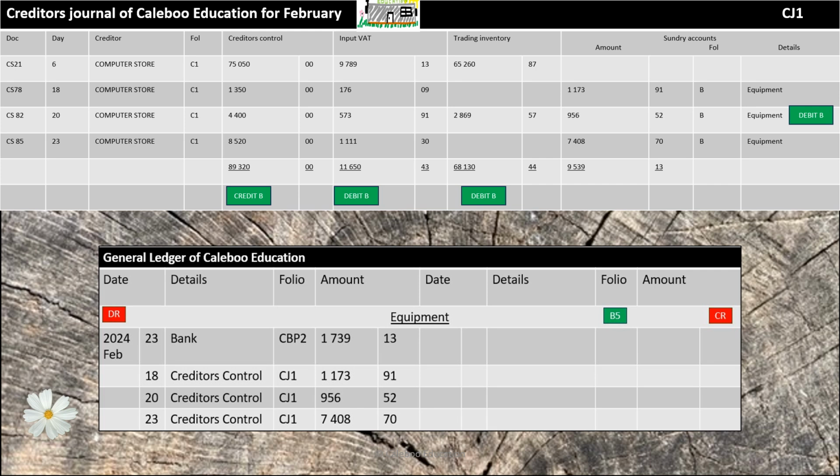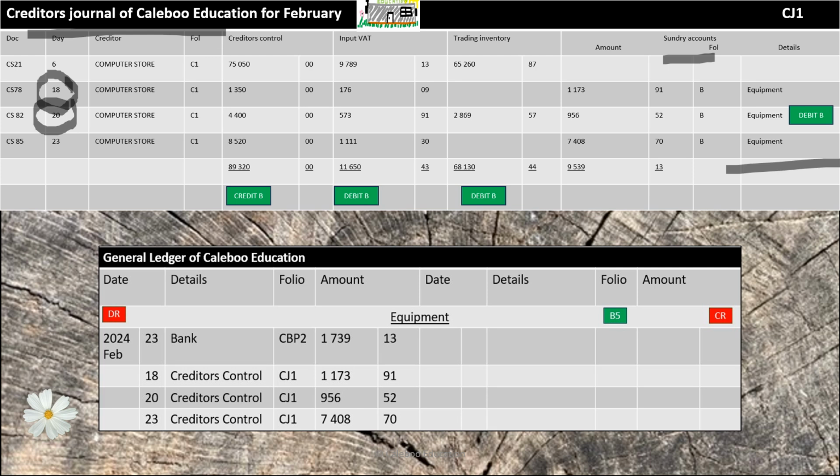So after we've journalized all the transactions and we've drawn up the creditor's journal, it is now time to take this information to the general ledger. What I've done is I've started with the transactions under sundry, and if it appears under sundry, the transaction needs to go to the general ledger on the day the transaction took place.